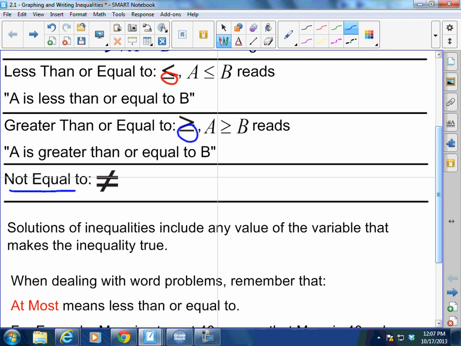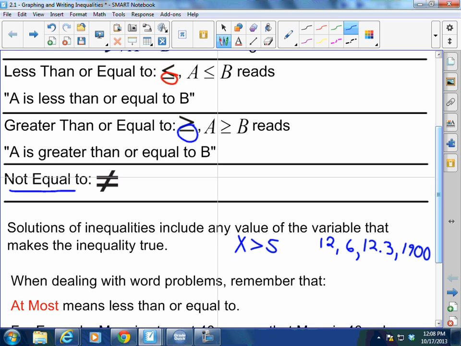For example, if I have x is greater than 5, my friends, just give me some examples of what the solution would be. Okay, 12, 6, 12.3, very good. 1900, excellent. 599, yes. 541, yes. Anything larger than 5.